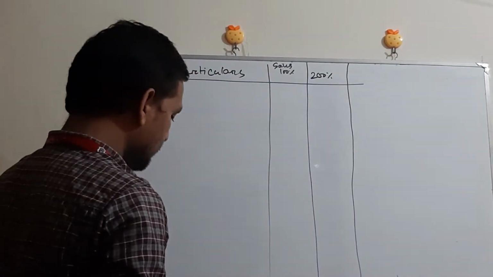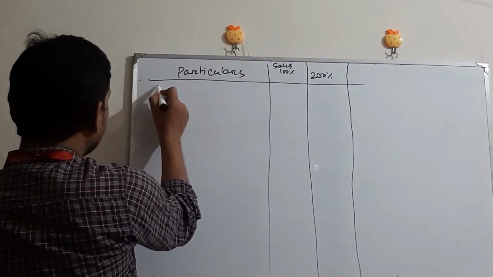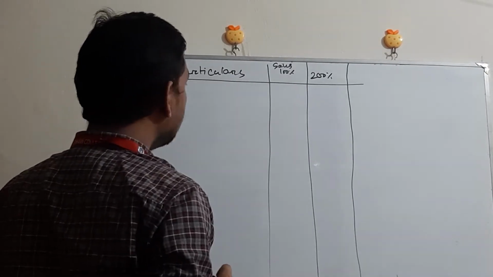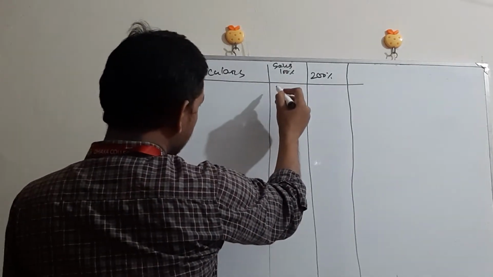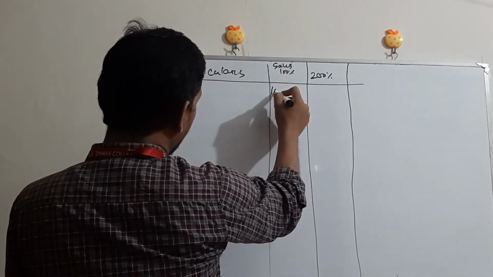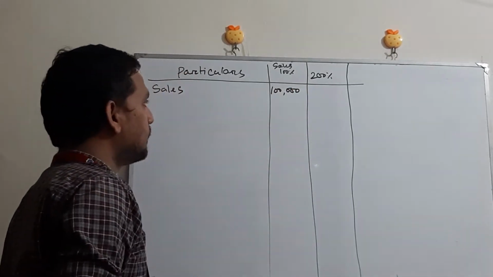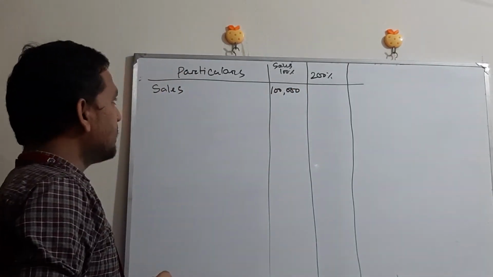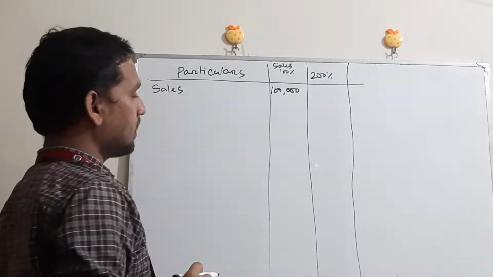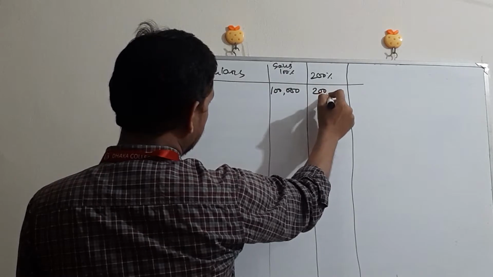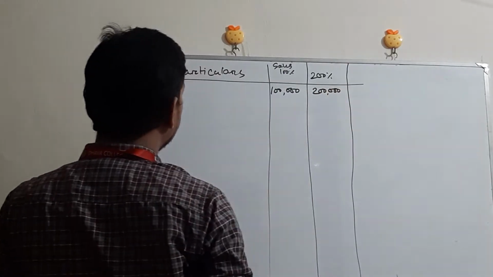Okay, dear students, here say sales. Sales is 1 lakh taka in the question, 100% sales. So 200% is 2 lakh taka.